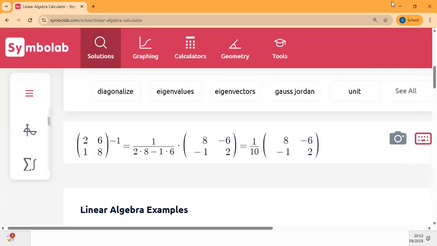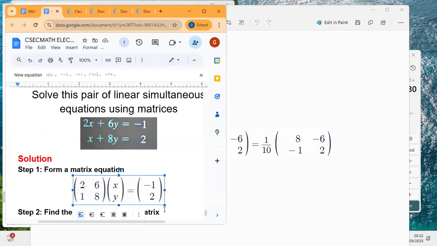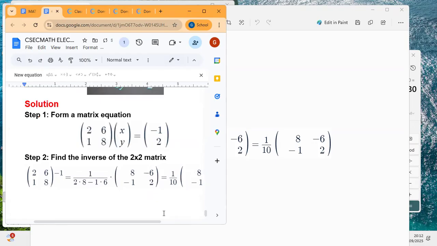Let me just screenshot this. Now, what is step number 3?